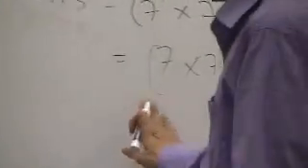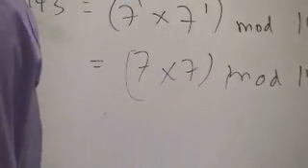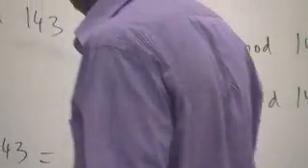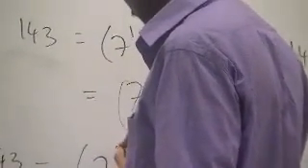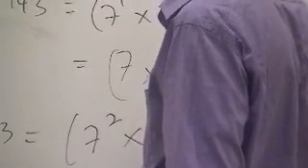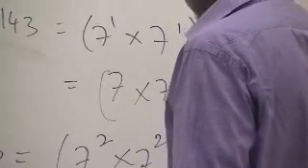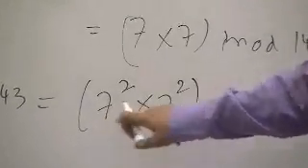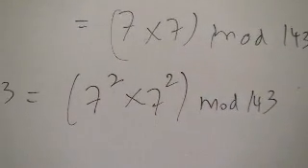Now we want to find 7 raised to 4 mod 143. It's going to be 7 squared times 7 squared, mod 143. So all you have to do is substitute 7 squared mod 143 is 49.